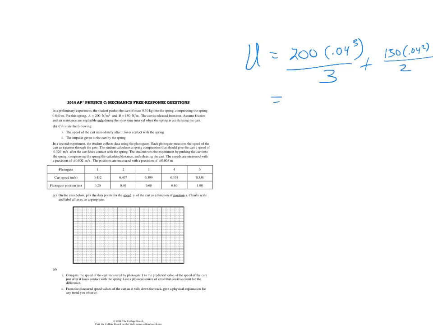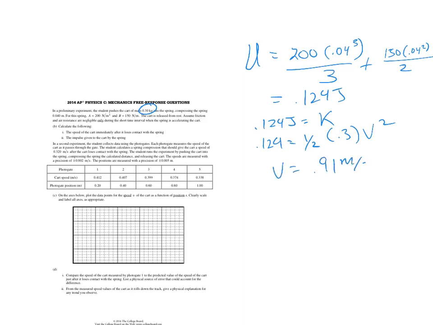And if you solve that, you end up getting 0.124 joules. 0.124 joules is going to be equal to the kinetic energy. And so 0.124 would be equal to 1/2 times 0.3 times v squared. I got the 0.3 from right there. And then you solve for v, and v is equal to 0.91 meters per second.